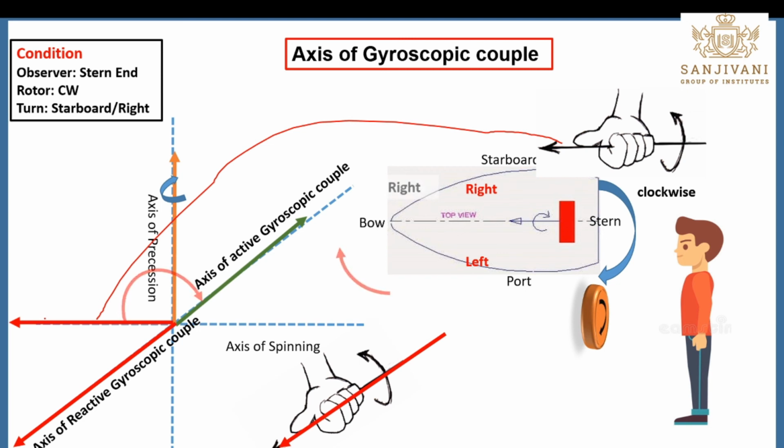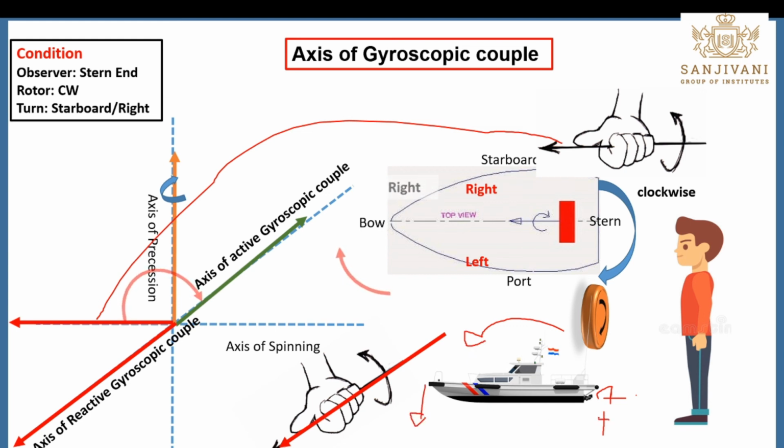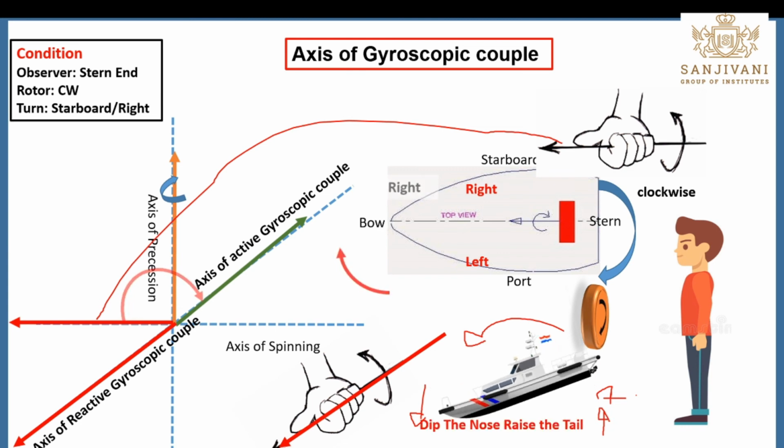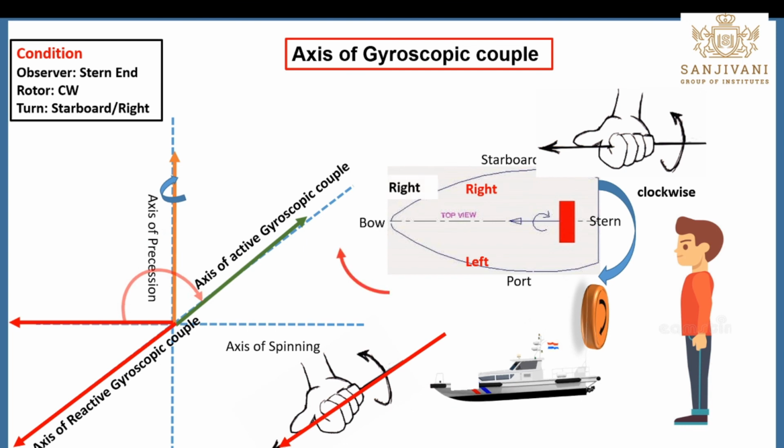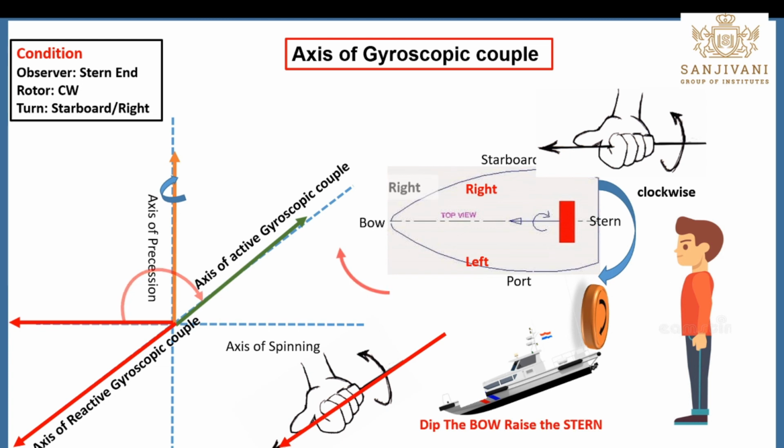That means the bow end, observer looking from the stern end, this is the stern end, and if you rotate this in the anti-clockwise direction, the bow will move in the downward direction and the stern will move in the upward direction. The ultimate effect is dip the bow, raise the stern.